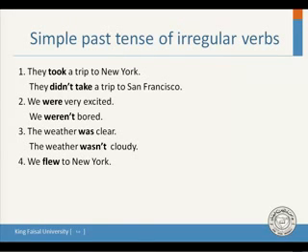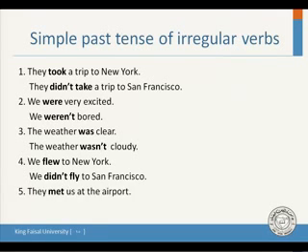We flew to New York. We flew by plane to New York. How do you negate this? Try. We didn't, what, fly or flew? We didn't fly to San Francisco. We flew, we didn't fly.